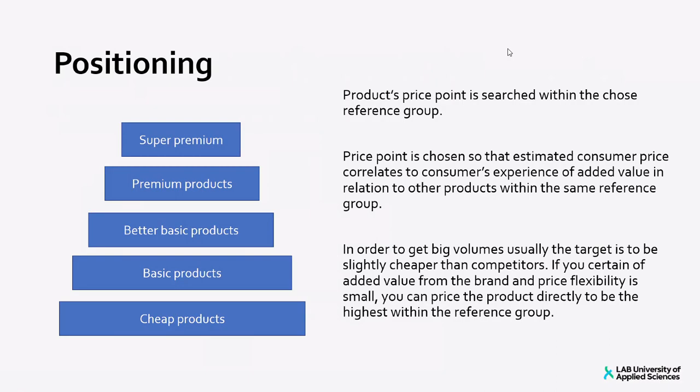If you are really certain that your brand is adding so much value and your price flexibility is so small, you are able to naturally price the product so that it's, for example, the highest within the same reference group. If you are really certain that the consumers are willing to pay a bit extra just to get that brand.